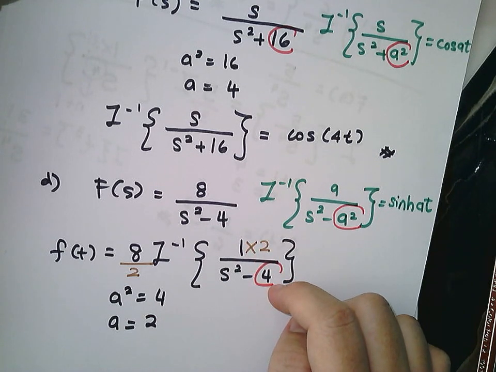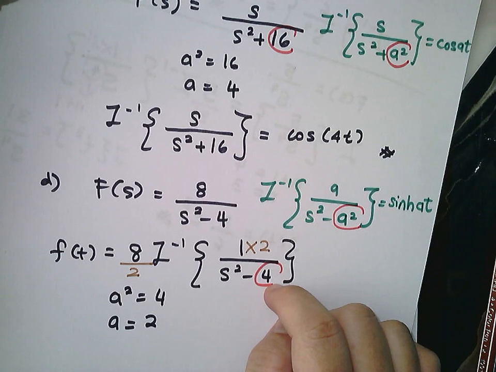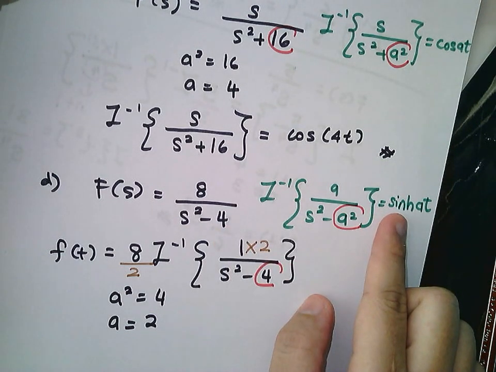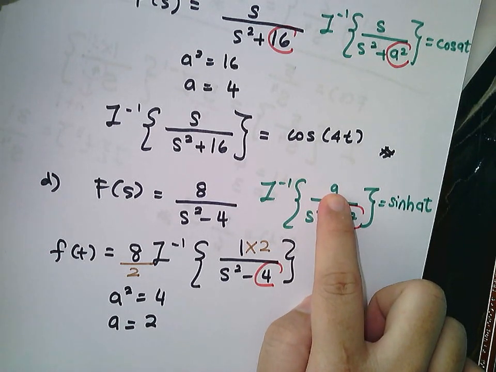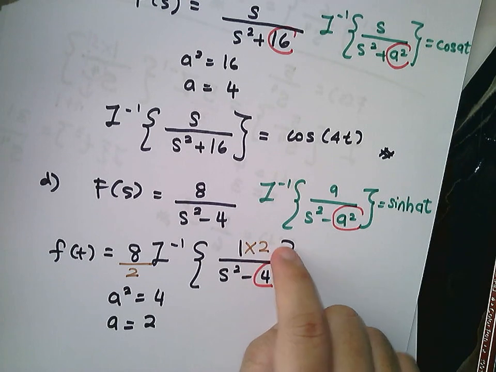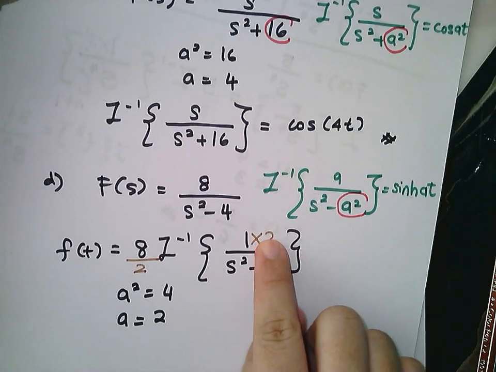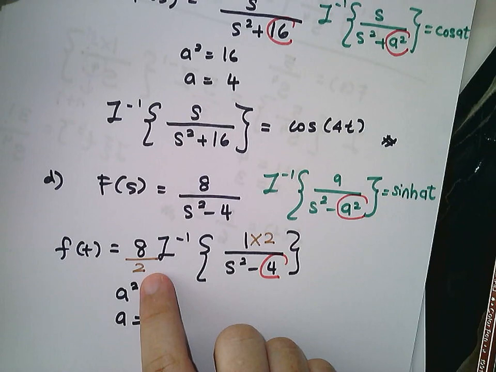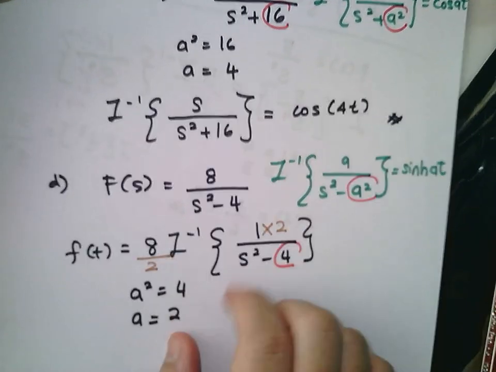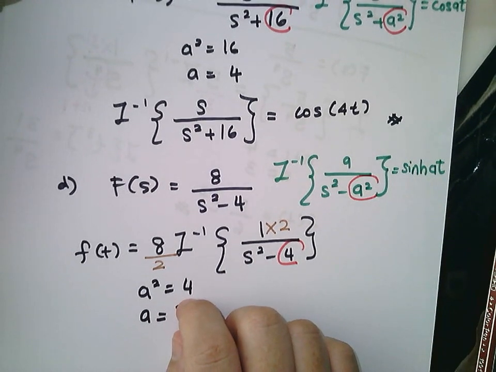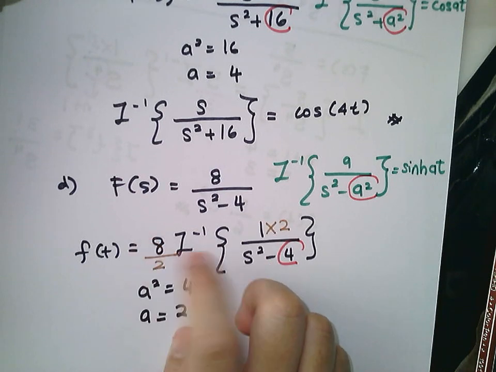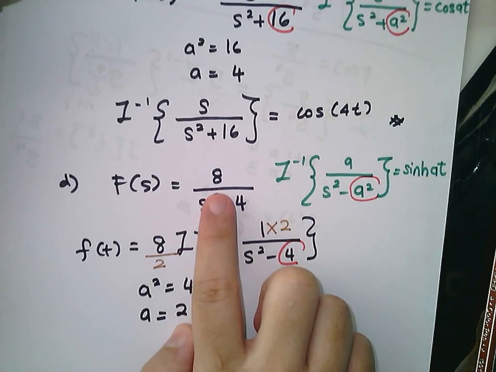That is wrong, because for this one to be sinh 2t, you need to have 2 in the numerator part. So that's why I multiply by 2 and I need to divide back by 2. This is a modification that we did, but we didn't change the problem at all, because when you cancel out 2 and 2 here, you will still have the same problem.